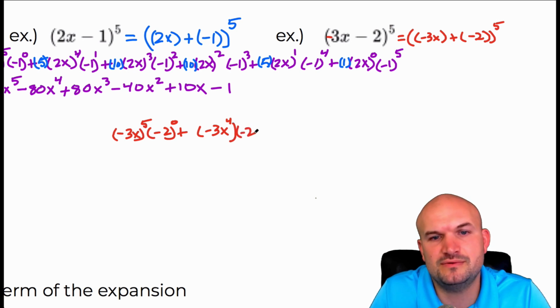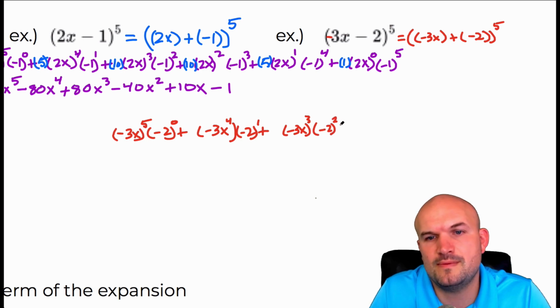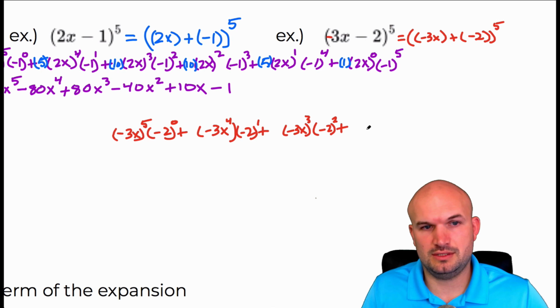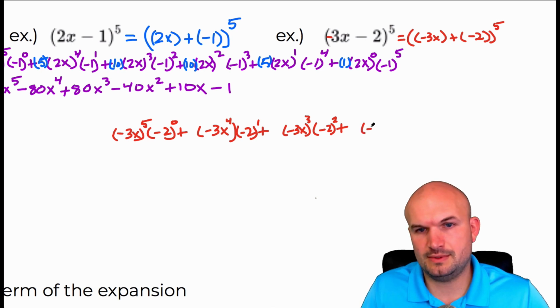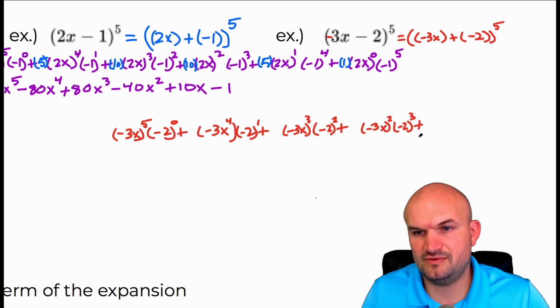Times -2 to the 1st plus -3x cubed times -2 squared plus -3x squared times -2 cubed plus, hopefully I'm not going to run out of space.